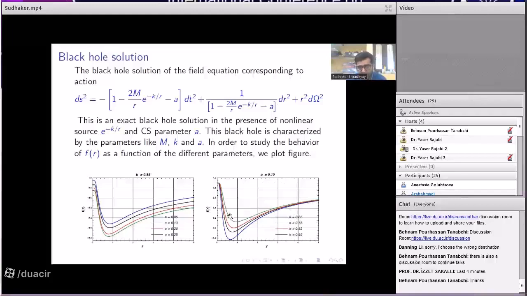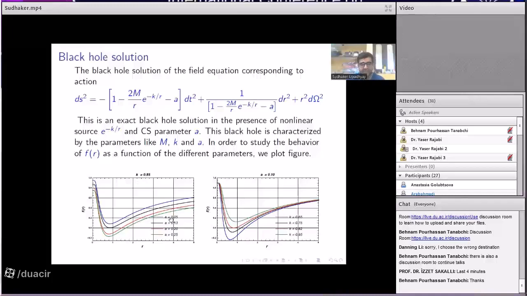So basically increasing the value of k decreases the value of the potential and metric function. However, increasing the value of a increases the value of the potential. So you can see the nature of a and k on this black hole solution is opposite. Okay, so this is basically the description of the regular black hole solution.